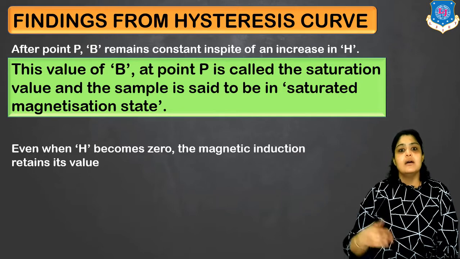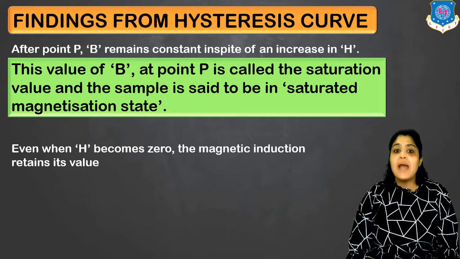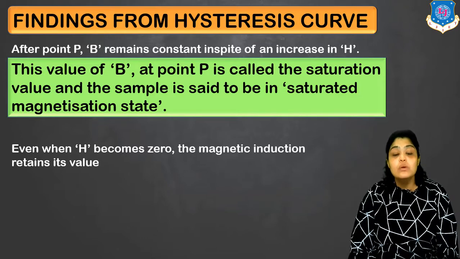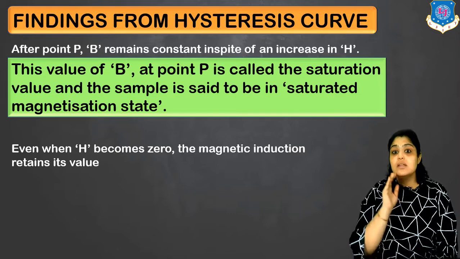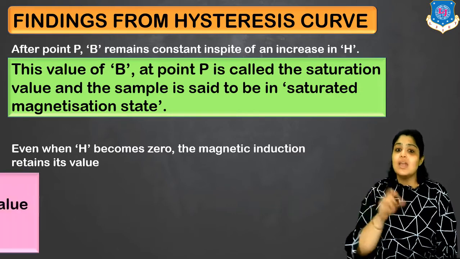Now, the second point: when H becomes 0, the magnetic induction does not become 0. Just try to recall the point OQ, right? At the point Q, H is 0, but the magnetic induction is not 0. That means there is some magnetization left in the material.